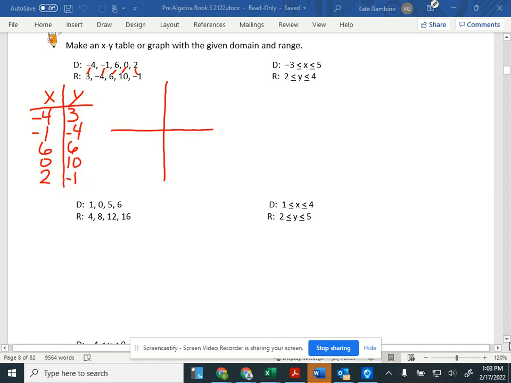How am I going to graph it? I'm going to look at, okay, I need to go, my biggest negative number is -4. My biggest positive number is 10. Then I have, oh, that's only 6 for my x.